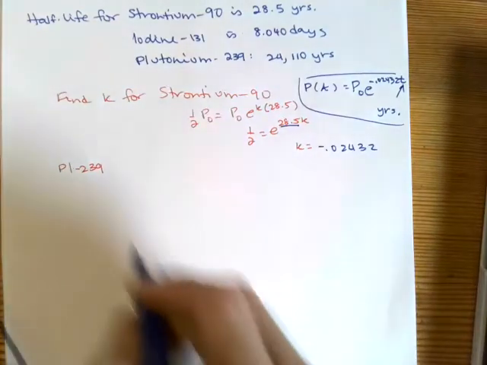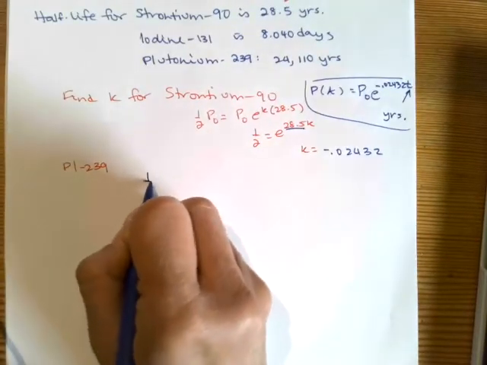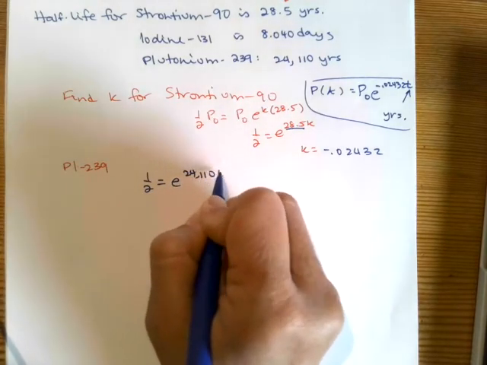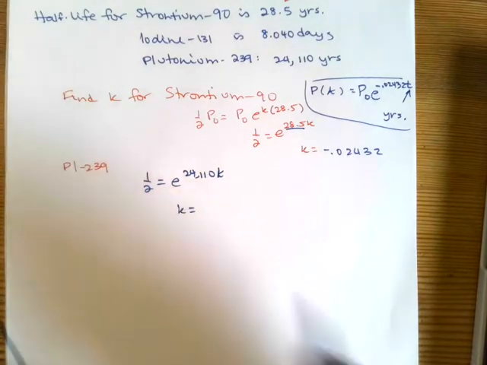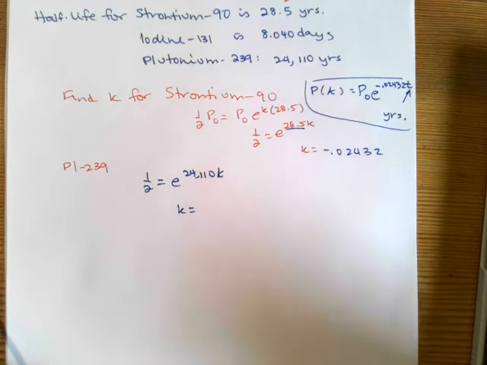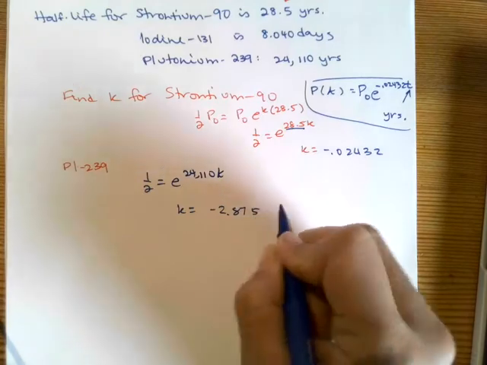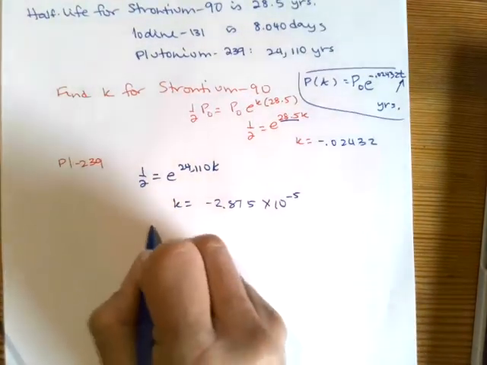And the same thing will happen then for our plutonium-239. So 1/2 equals e to the 24,110 K. So K equals, and I'm doing a solid equals, it should be a squiggly because at some point I'm going to start writing decimals. So K equals negative 2.875 times 10 to the negative 5.